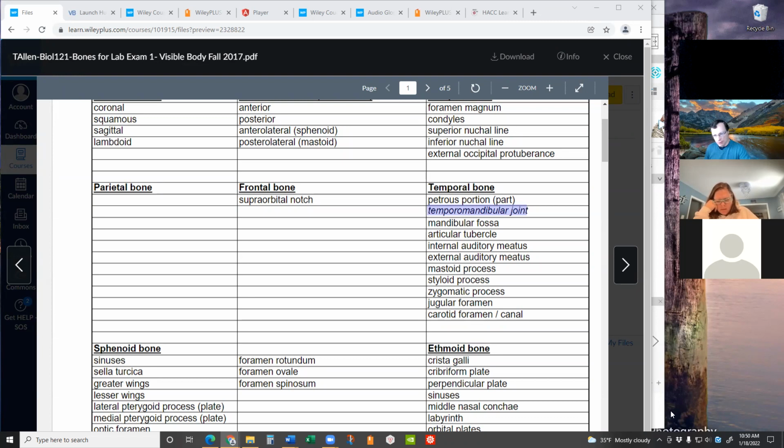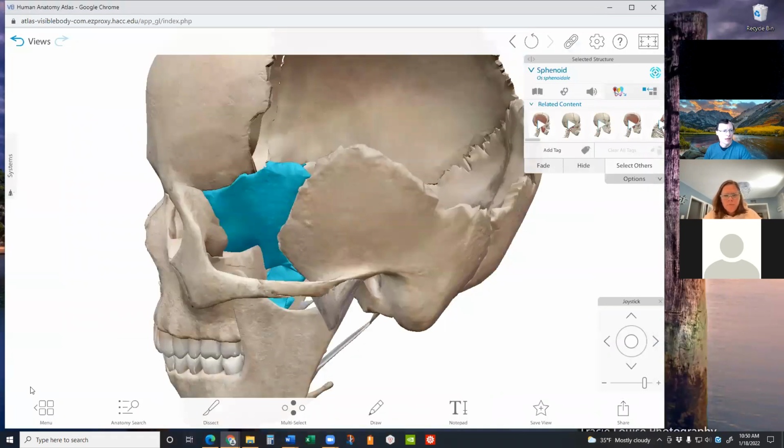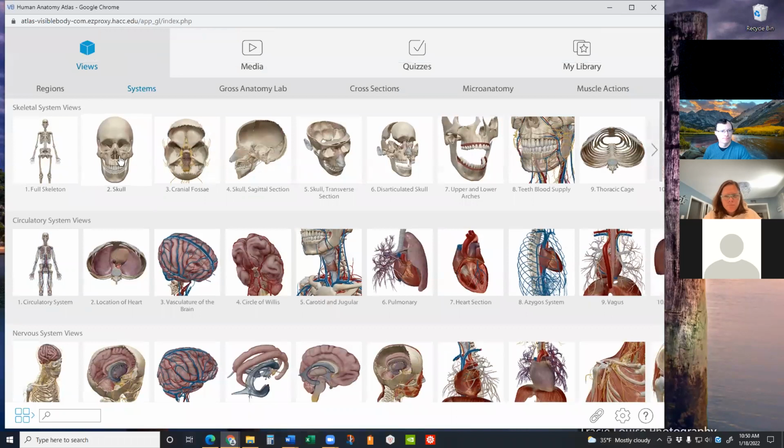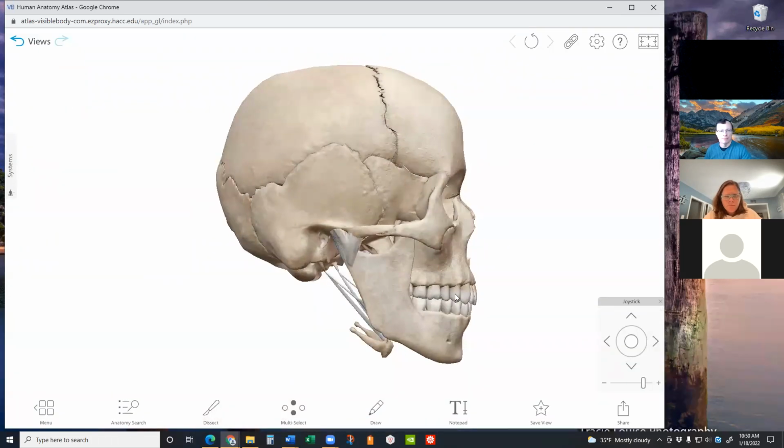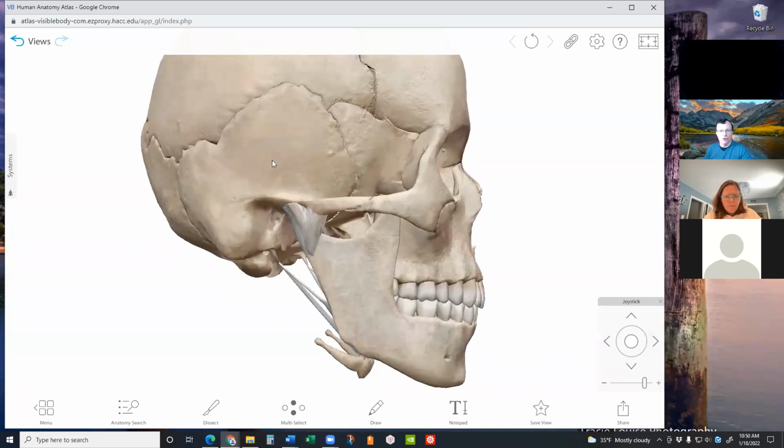Okay, good. So we have some answers here. Anybody else want to contribute? Yeah, the temporal bone and the mandible. Let's take a quick look at that in the software. Let me go to Visible Body and I'll reset things here. First off, if we're going to know the joint, we've got to know the bones that come together, right?